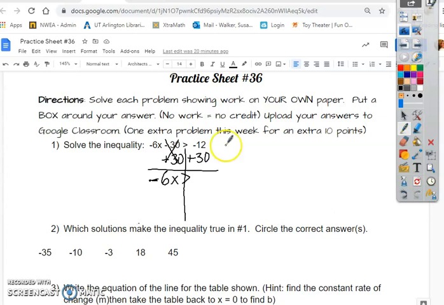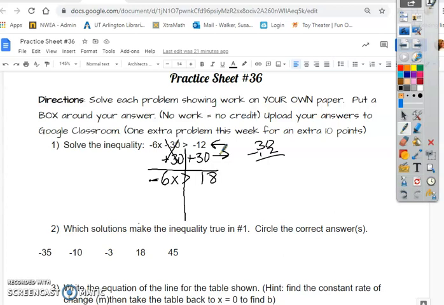Hopefully you know left, right, different, difference, subtract. So 30 take away 12, and I hope you got 18. It's positive because it's more to the right. 12 to the left, 30 to the right, I end up on a positive number.